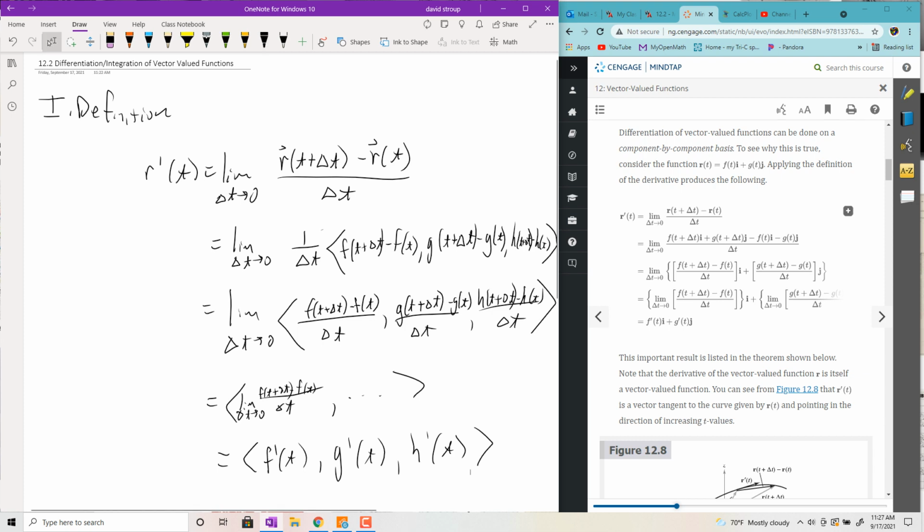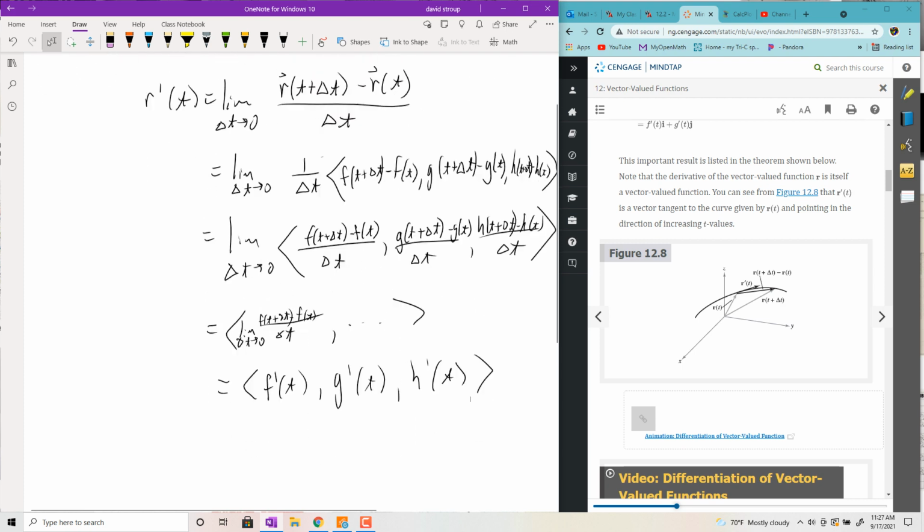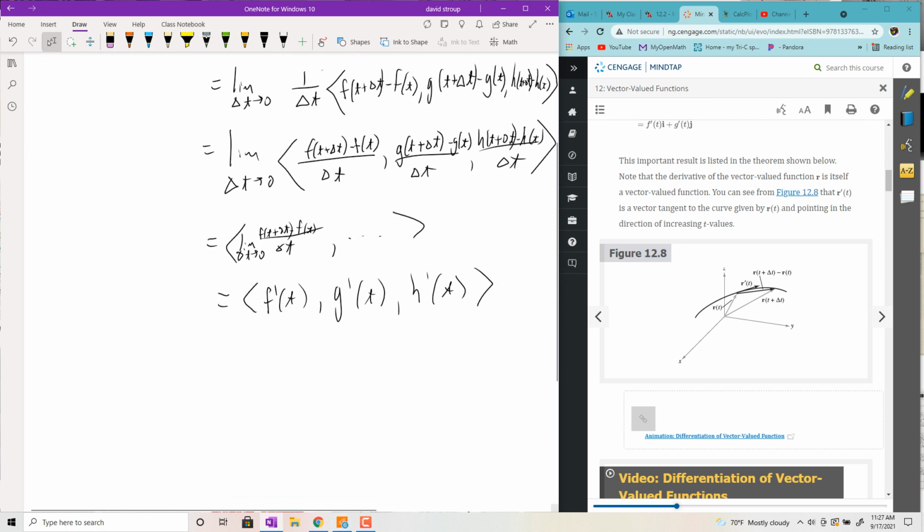Okay. So in practice, it'll be pretty simple. That was computationally. Those limits have to exist for the derivatives to be there. But anyways, geometrically, the derivative is going to be a tangent vector to the curve at some particular point.